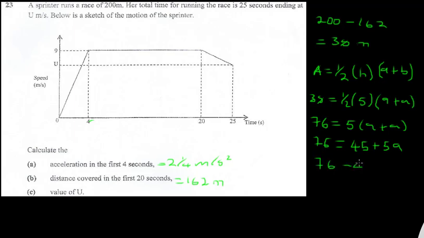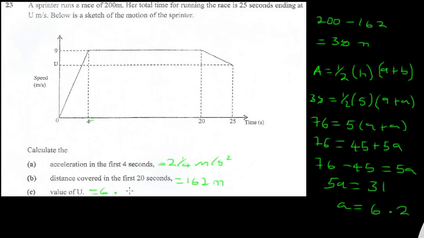We are supposed to have 76 minus 45 equals 5a, and this gives us 5a equals 31, and a would then be equal to 6.2.